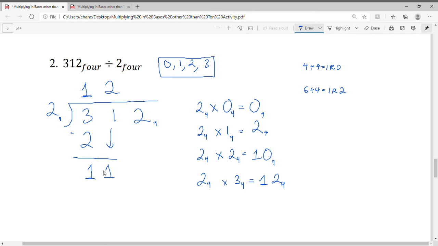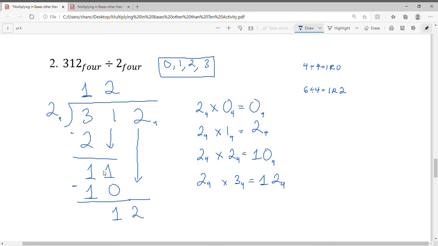We already know what 2 times 2 is. It's 1, 0. So we put a 1 here, and then a 0. Let's subtract. 1 minus 0 is 1. 1 minus 1, that's just 0. Then we can bring down that 2. So this is going to give us 1, 1, 2.